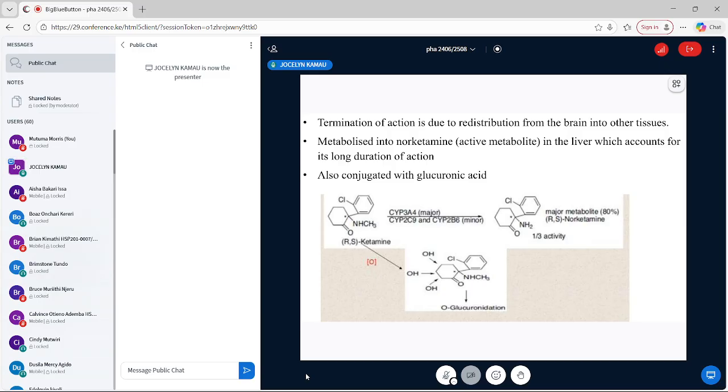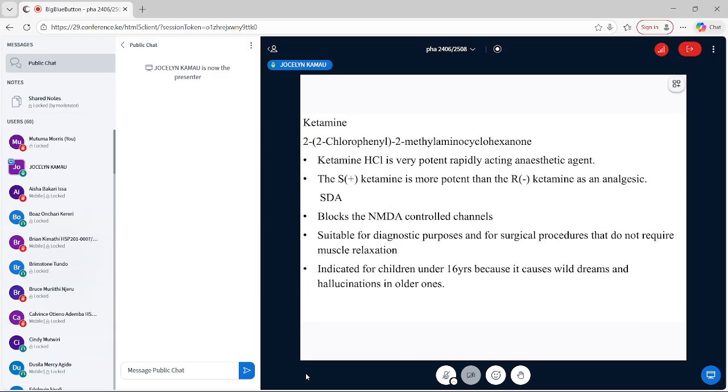I hope that makes it clear. So ketamine hydrochloride is very potent, and it's a rapidly acting general anesthetic. When we come to discuss the hallucinogens, we will put ketamine as a dissociative hallucinogen. So you have to be very careful when you're using ketamine as a general anesthetic.